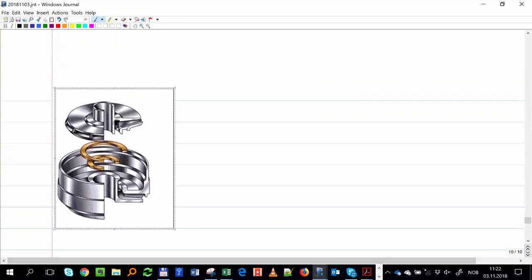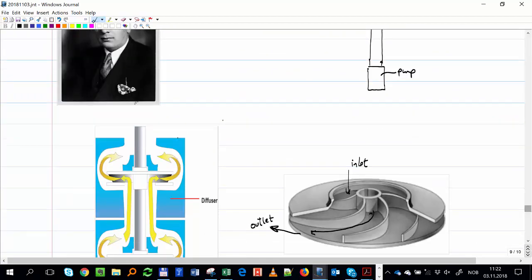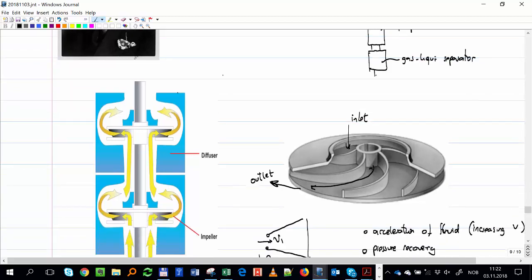So below the pump, typically we have the gas liquid separator. Then here at some place we have the inlet of the fluid, and then below that we have the motor.